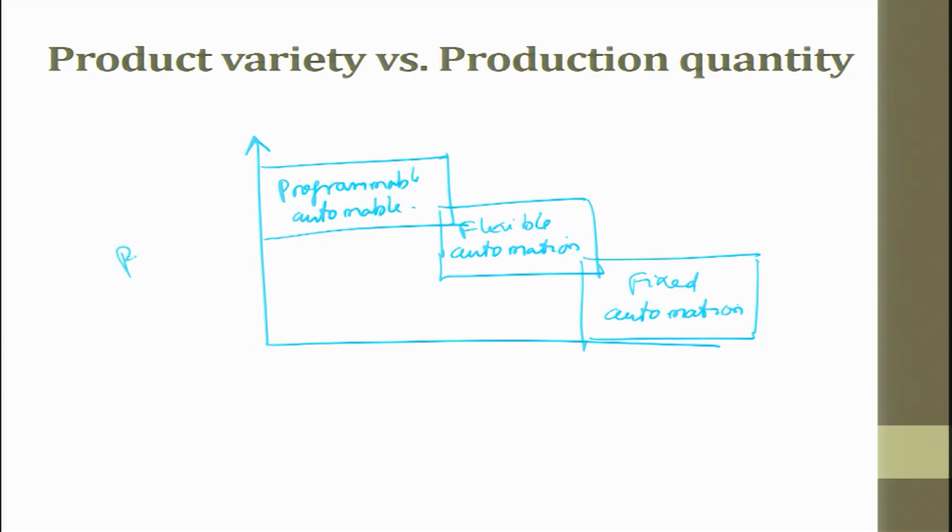Okay. So, here is product variety and here is product quantity or volume. Okay.